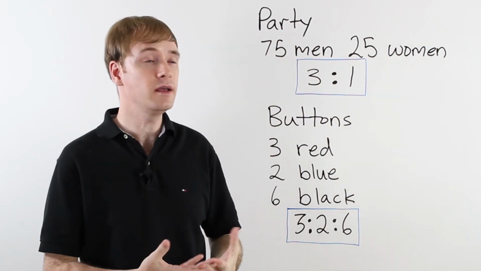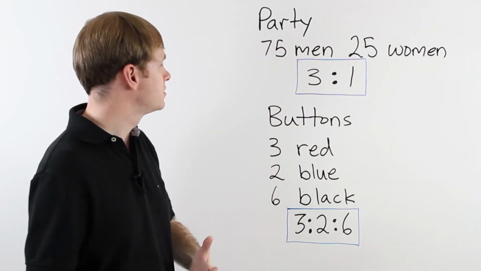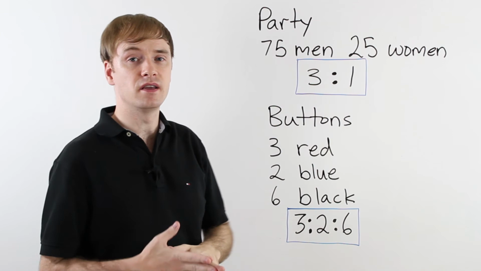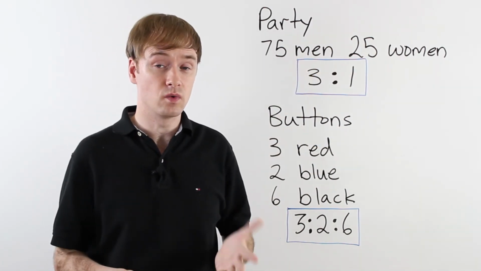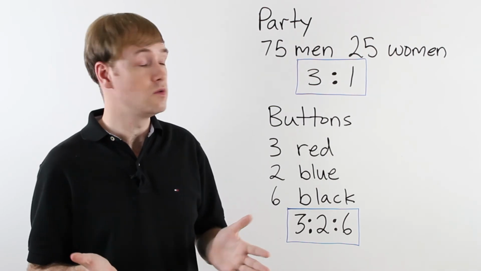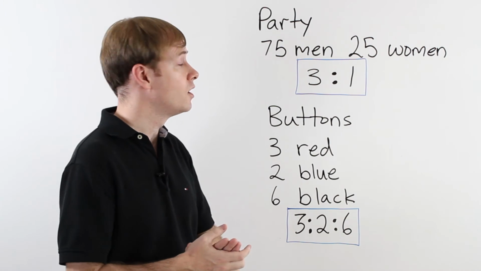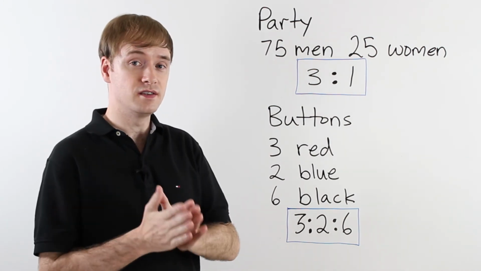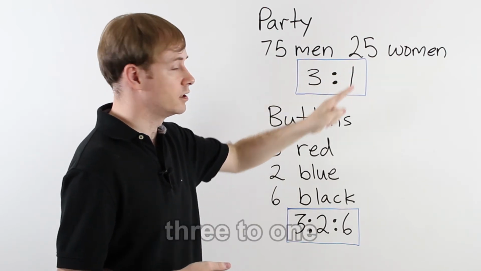I had a party. These are my guests, 100 guests. 75 of my guests were men, 25 of my guests were women. So what's the ratio? Well, here it is. So how would I express the ratio? Well, the simple way is just to say 3 to 1.